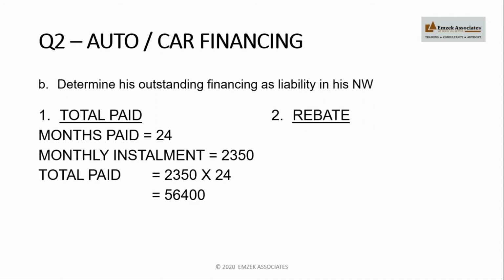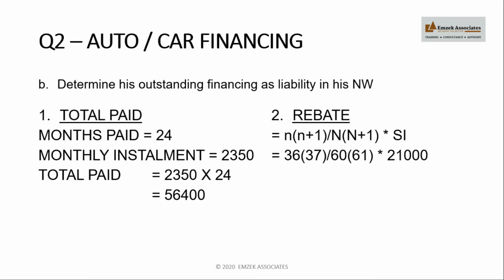Then secondly, you need to calculate the rebate using Rule 78. The formula is smaller n times (smaller n plus 1) divided by bigger n times (bigger n plus 1), times SI, the simple interest just now.